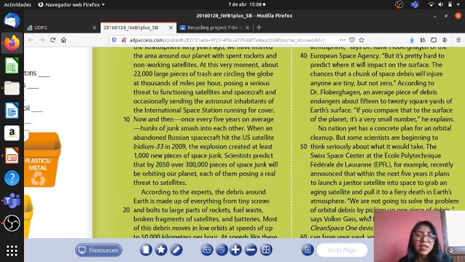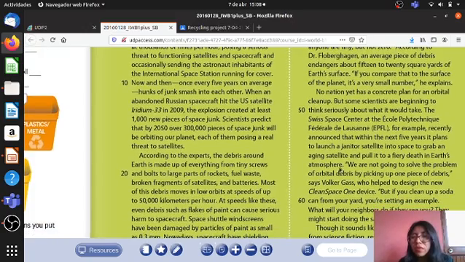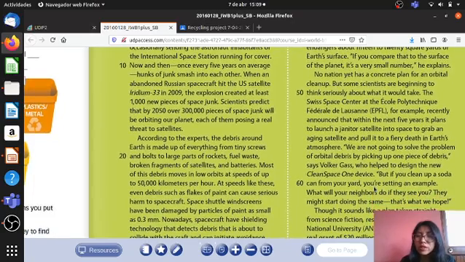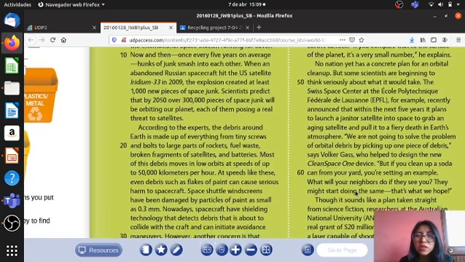So, okay, that is maybe the solution. We are not going to solve the problem of orbital debris by picking up one piece of debris, says Wolfgang Gatz, who helped to design the new Clean Space One device. So they want to clean the space with a technological device.